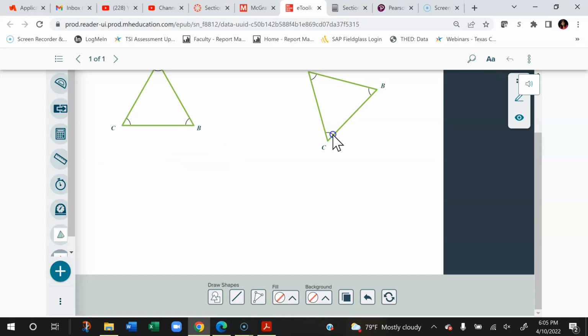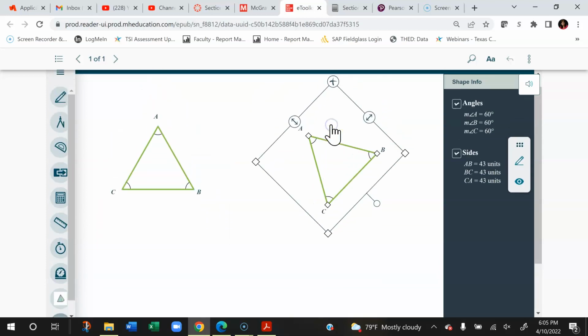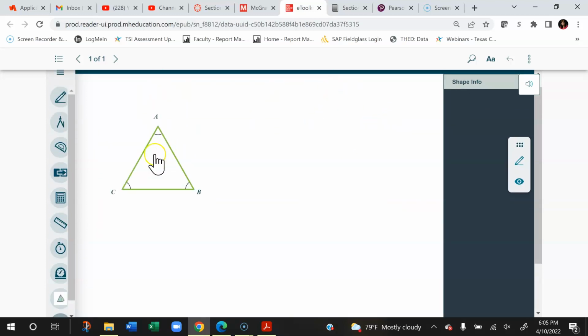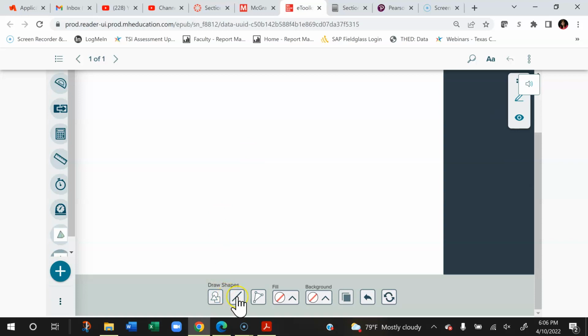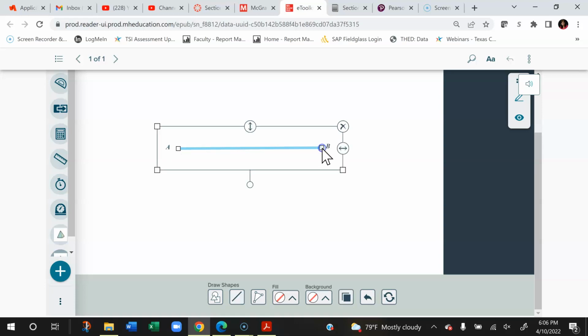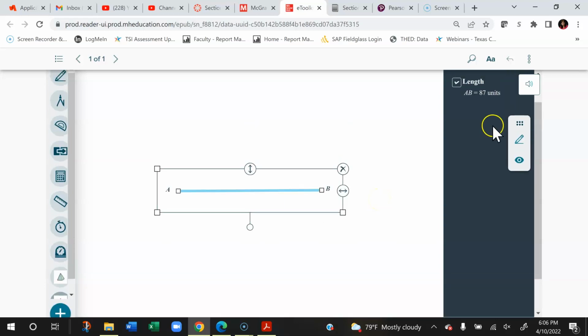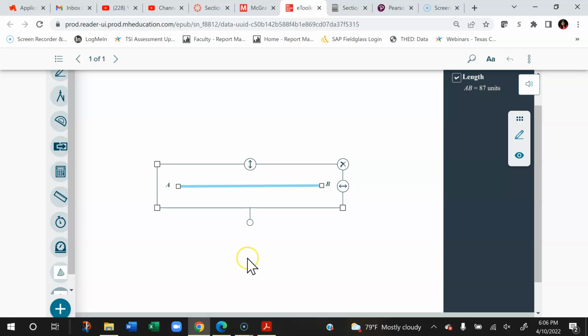Now, if I look at line segments, two line segments are only congruent if they have the same length. Okay, so this line segment has a length of 87 units.